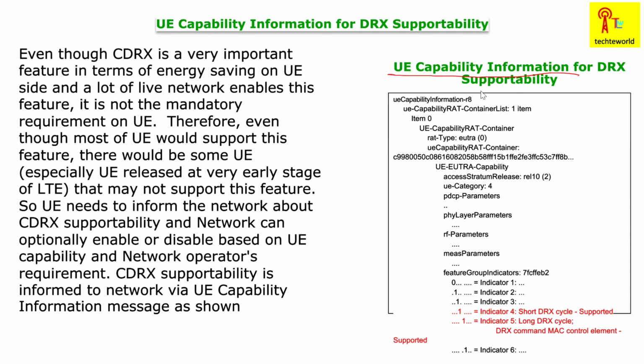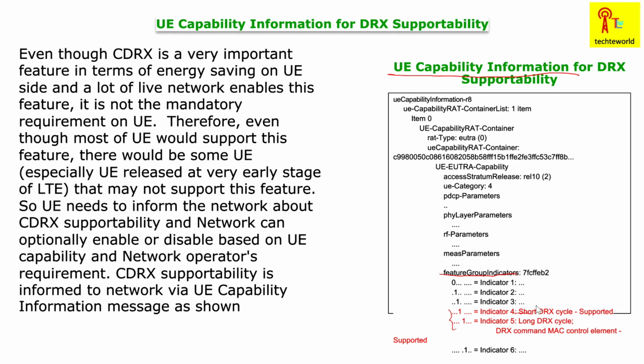In this UE capability information, the UE sends this information to the eNode B, and the eNode B transmits it to the network. If you see this UE capability information here, inside the feature group indicator these parameters are included: short DRX cycle is supported, long DRX cycle is supported. It means that this particular UE supports both short DRX cycle as well as long DRX cycle.